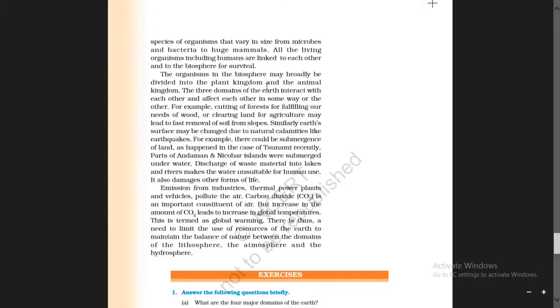The three domains of the earth interact with each other and affect each other in some way or the other.